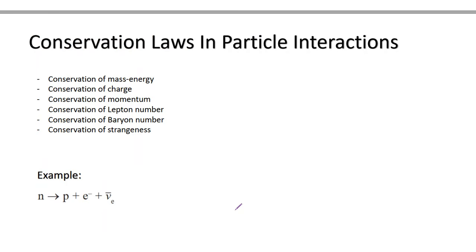Now, in any interaction, there are several conservation laws to be considered. Let's look at them. One is conservation of mass energy, conservation of charge, conservation of momentum, conservation of lepton number, conservation of baryon number, and finally, conservation of strangeness. Take a look at this example, right?